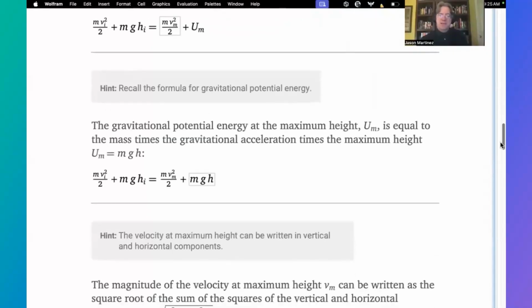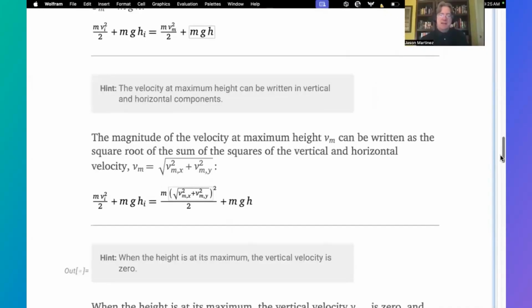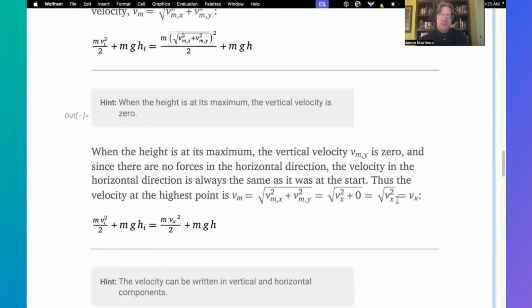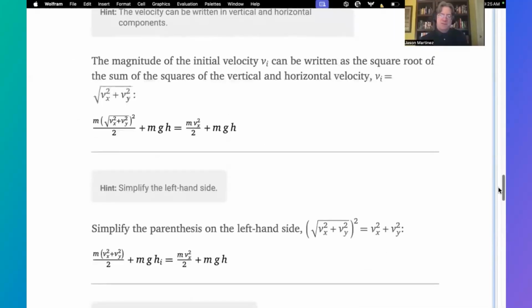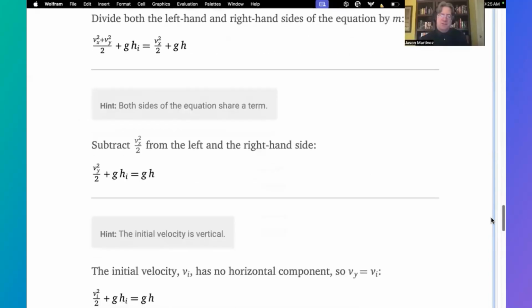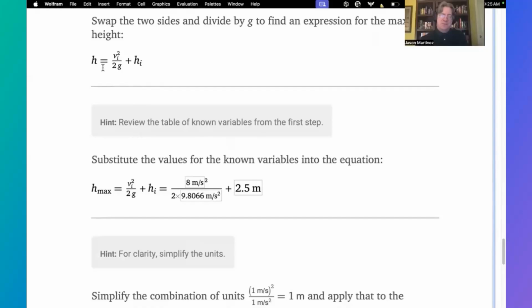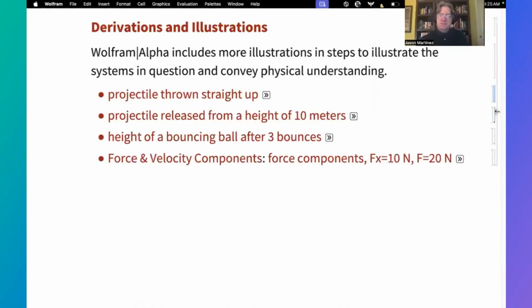Then we know that at the maximum height, it's not going to be moving up anymore. So we can simplify that out, bring terms over, and eventually arrive at our final equation, which we can then put our numbers into and solve for the actual result.